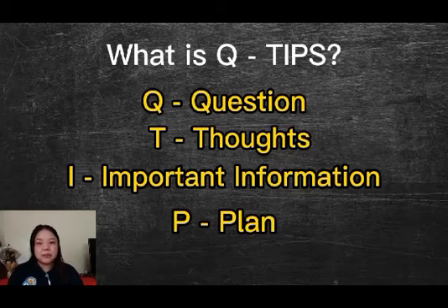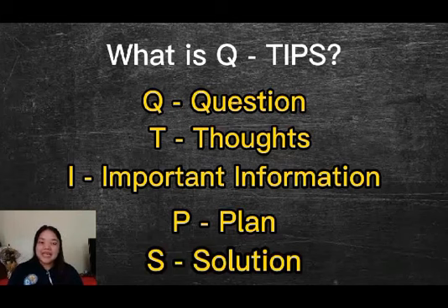And the last step, which is S or solution, is where you apply all the steps, especially the plan, to solve the problem. Also, this is the step where you check back if you have understood and answered what is being asked in the problem. So now let's try to apply Q-TIPS to a real-world problem.